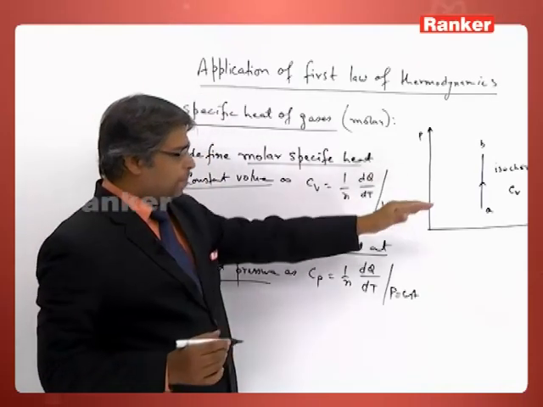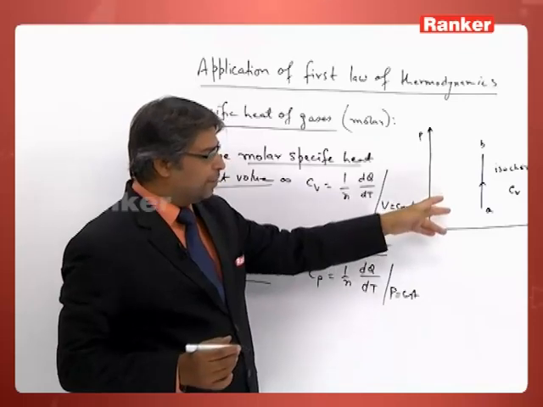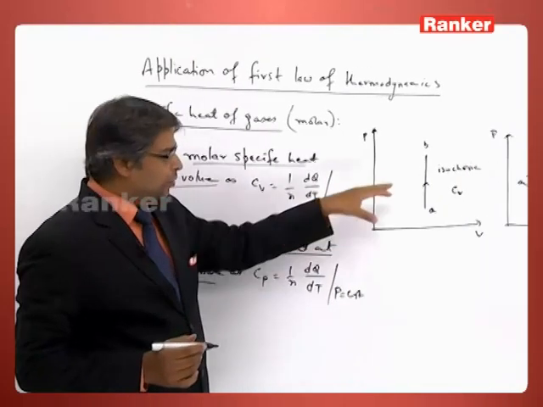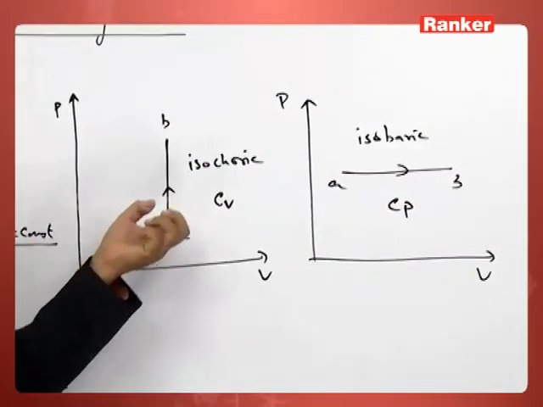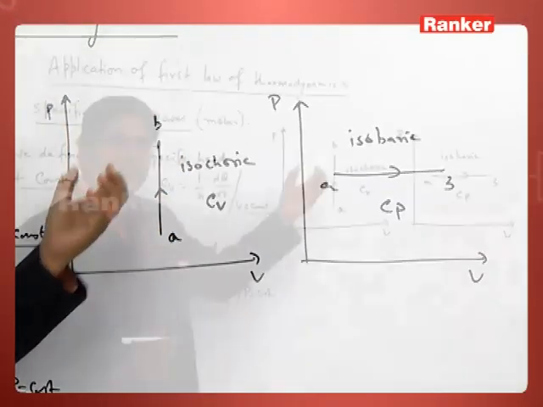Can we guess now whether Cp will be more or Cv? When we supply heat in an isochoric process, there is no work done.